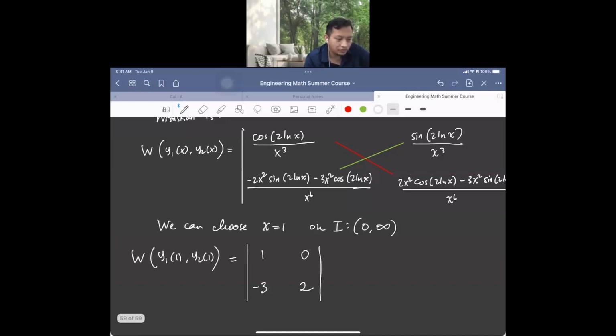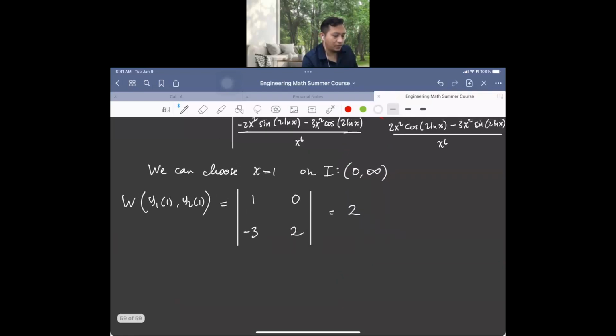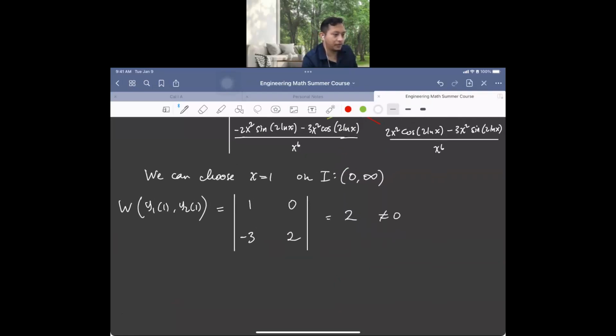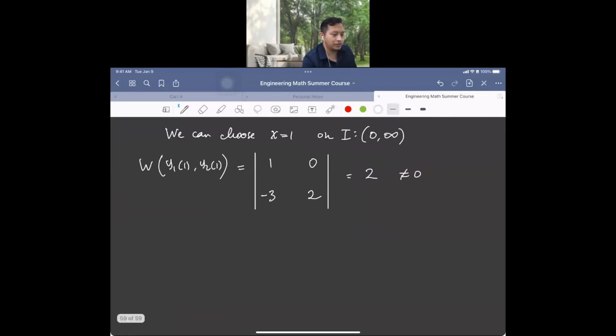So every sine will be 0, every cos will be just 1, right? So it's correct. And if we try to calculate this, it will be 2. Okay, so it's not equal to 0, right?